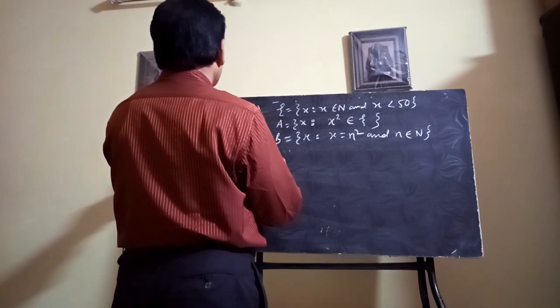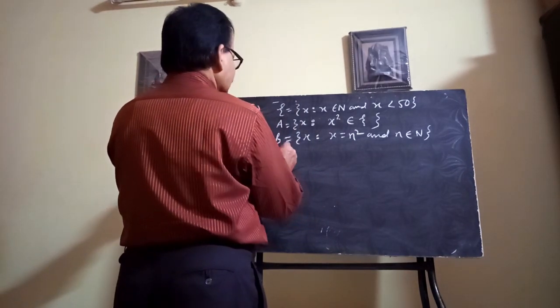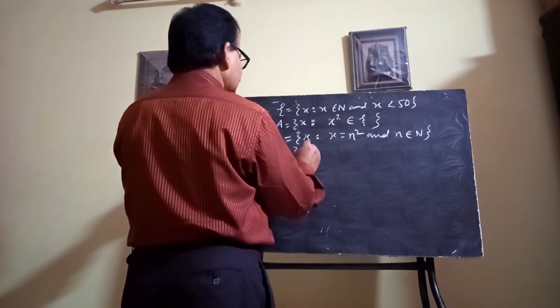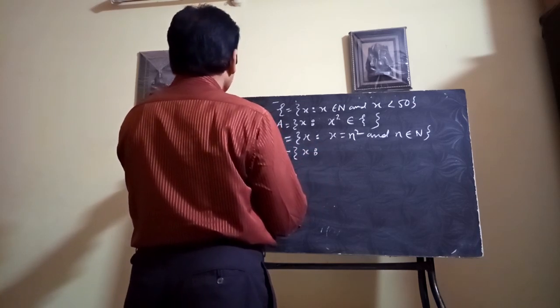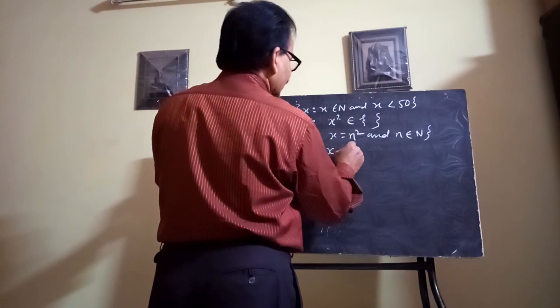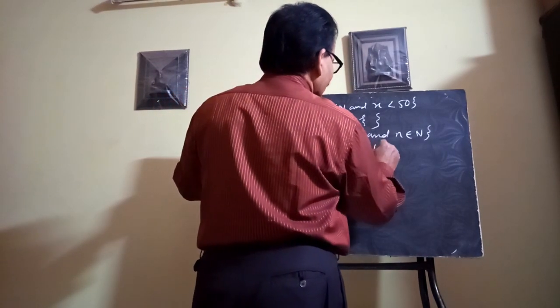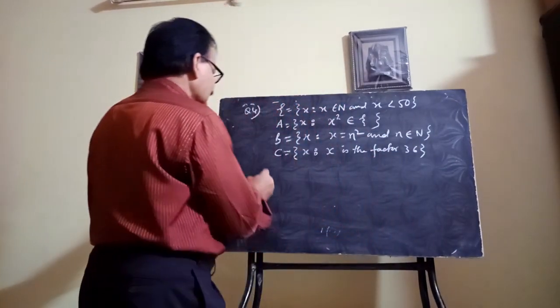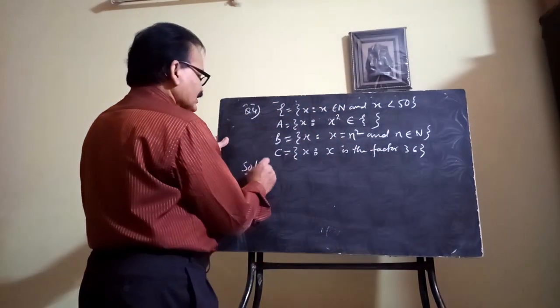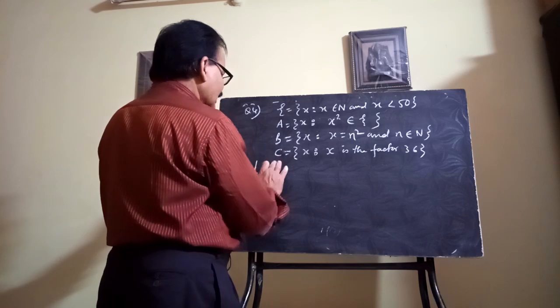This is your set B. Finally, set C is also the set of elements x such that x is a factor of 36. X is a factor of 36.